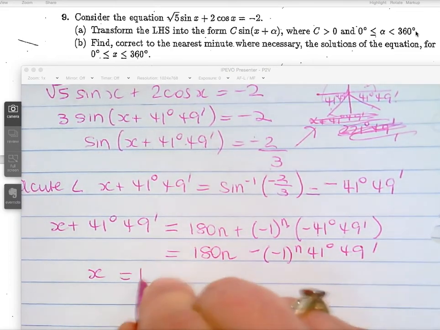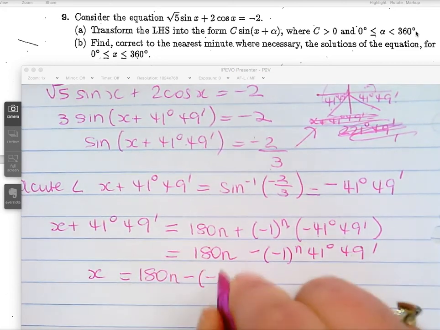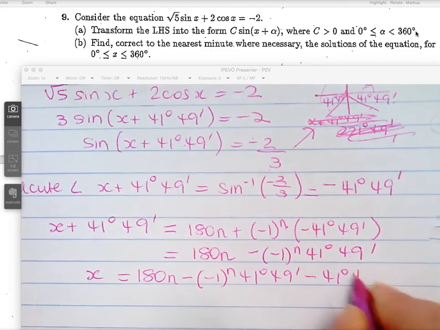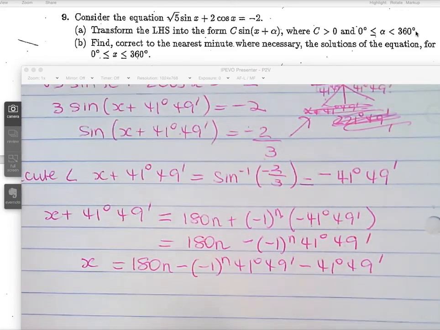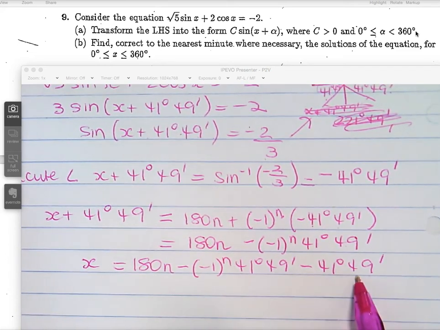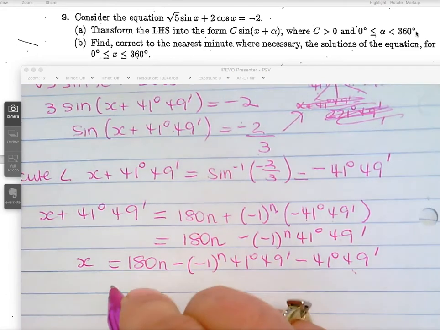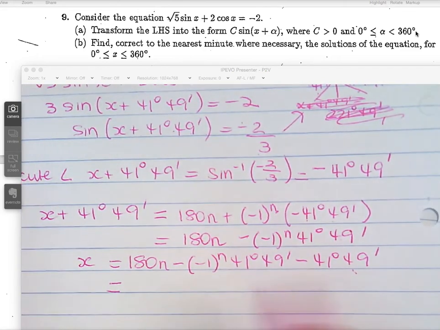So it's x equals 180n minus negative 1 to the n, 41 degrees, 49 minutes, minus 41 degrees, 49 minutes on its own. Well, you could factorize out the 41 degrees, 49 minutes, negative 1 to the n plus 1, but all right. That's the general solution.